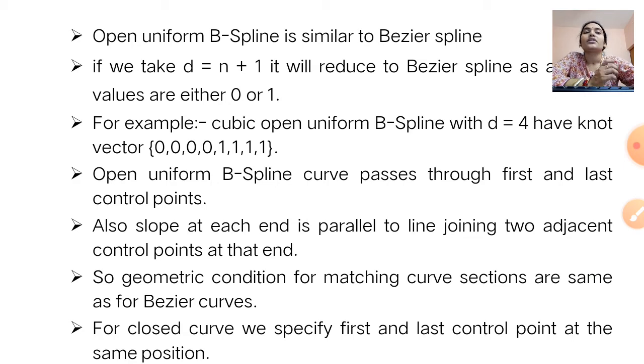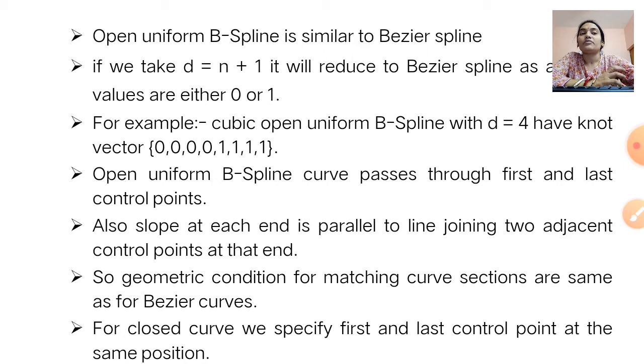Then the open uniform B-spline curve passes through the first and last control points. Also, the slope at each end is parallel to the line joining the two adjacent control points at that end.